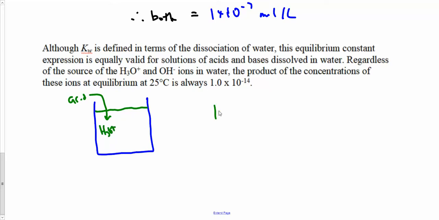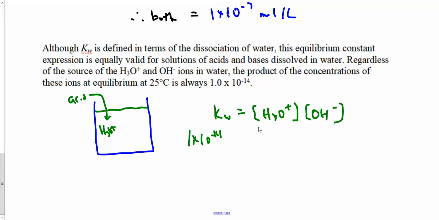So I know that Kw is [H3O+] times [OH-]. So this times this will always be 1 times 10 to the minus 14. Always. So if I had a beaker of water, they would both be, like I just wrote up here, 1 times 10 to the minus 7, 1 times 10 to the minus 7.